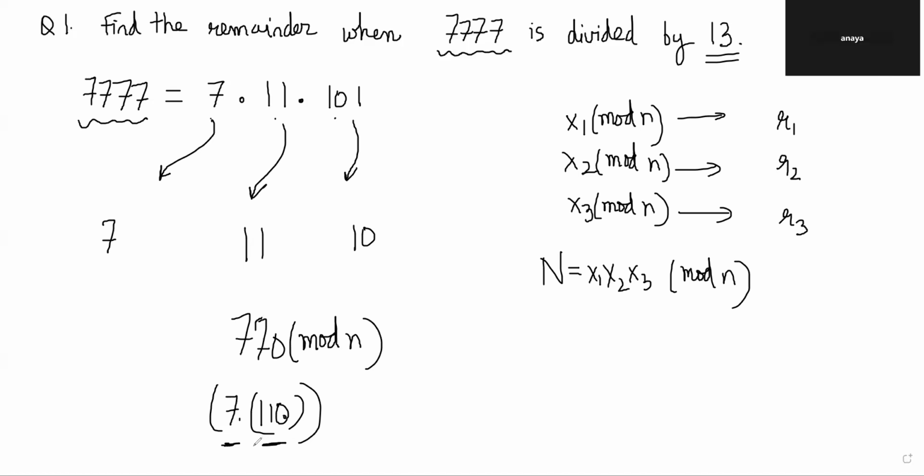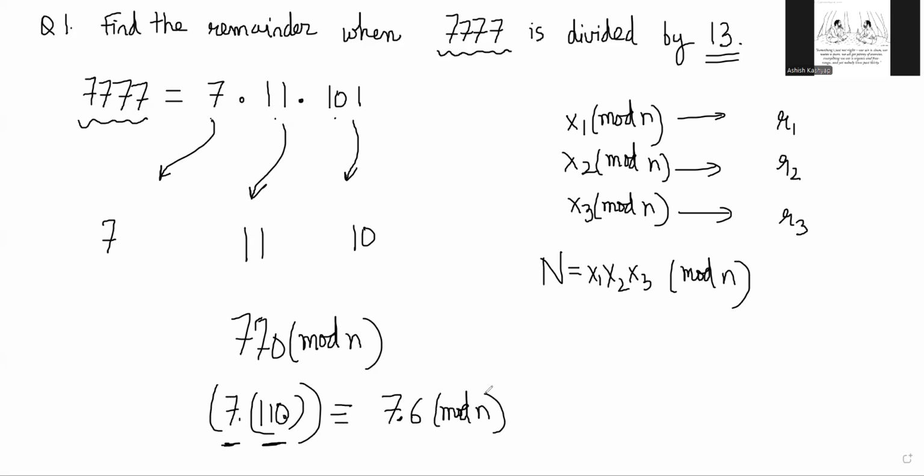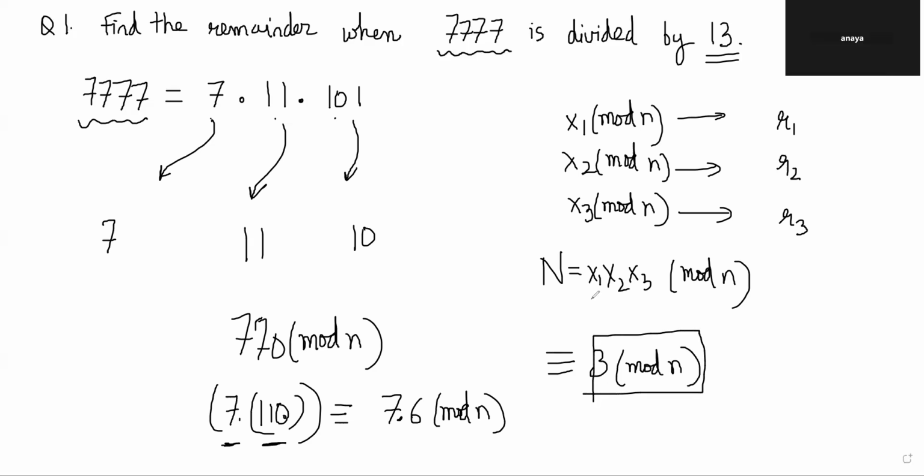Do you understand what I'm saying? Yes. So this will be equal to 7 into 6 mod n, which is 42 mod n. And now it is obvious that that is equal to 3 mod n. Right, n is 13 always. So basically the answer is 3.